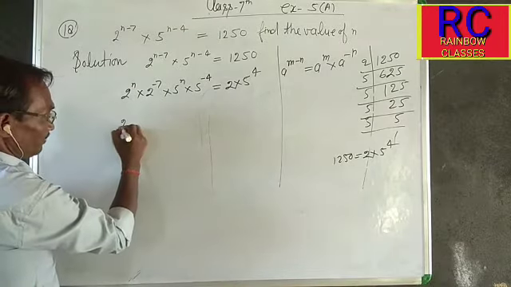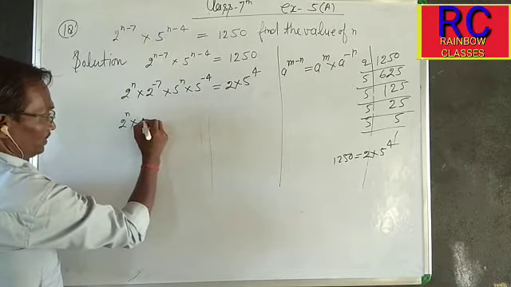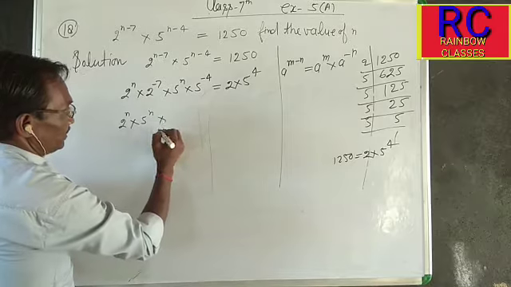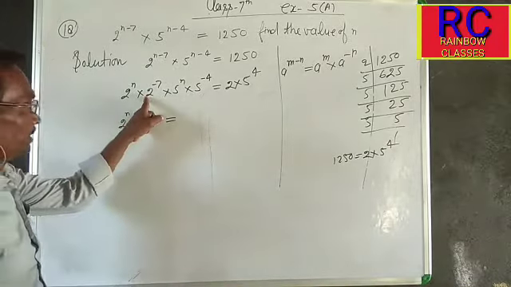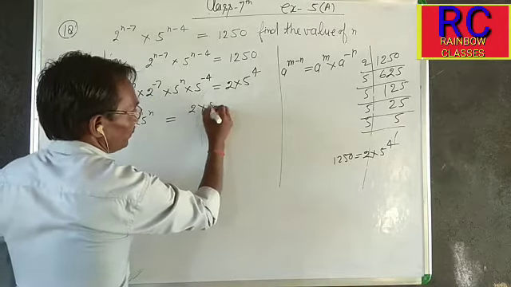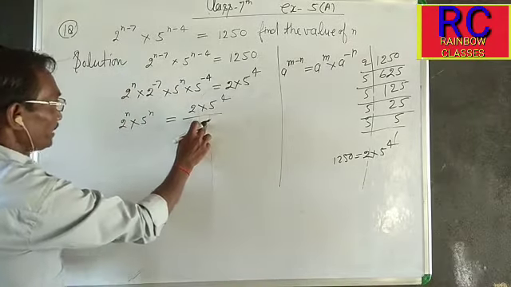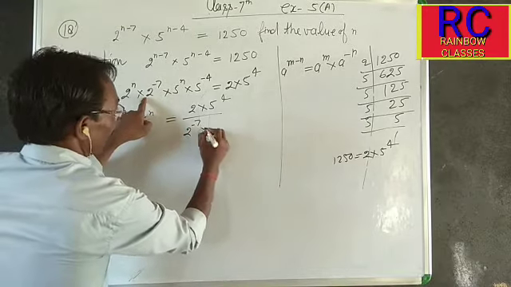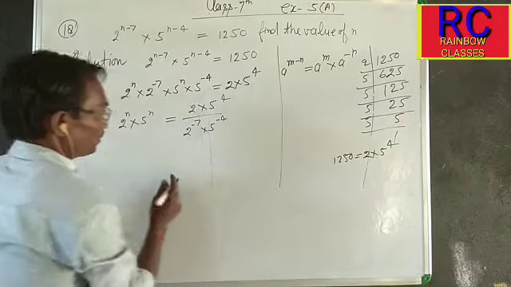Transferring, we write by 2 to the power minus 7 and 5 to the power minus 4.